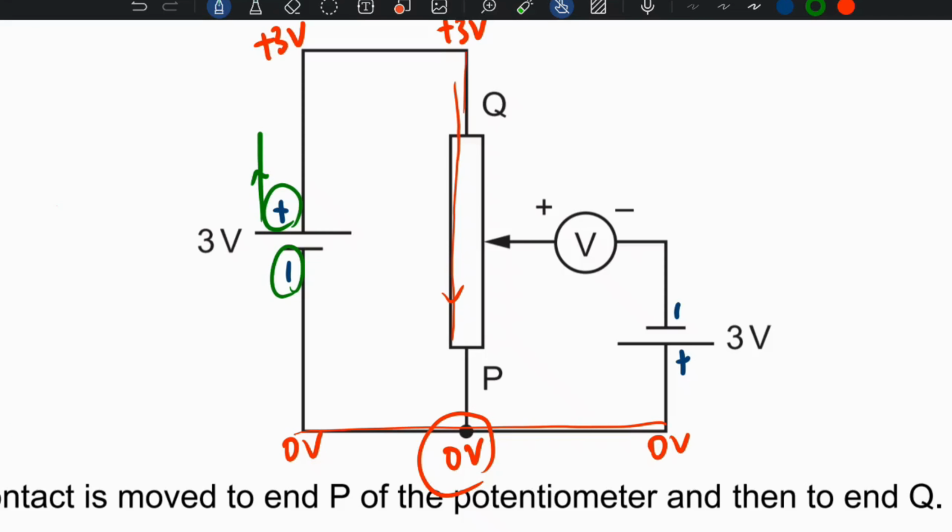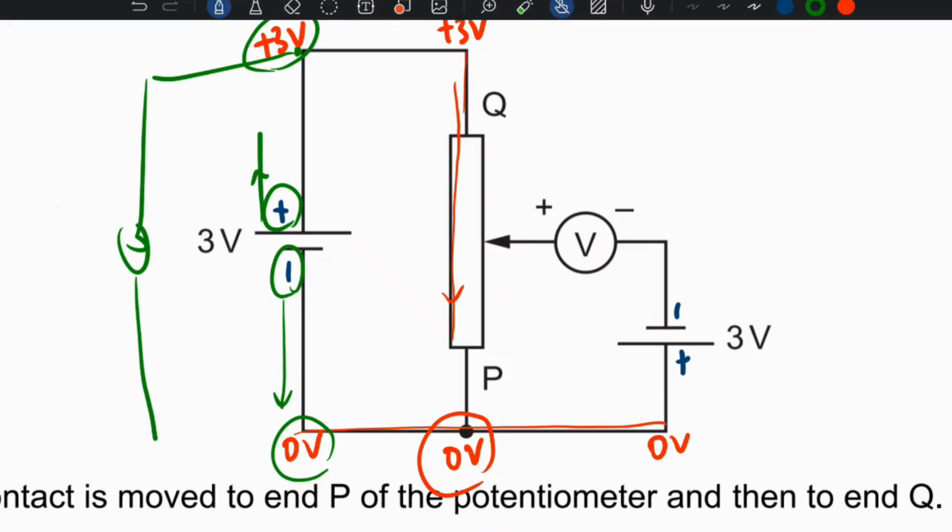So the negative side, which is my lower potential side, is 0 volts, and my higher potential side is 3 volts. If you put a voltmeter here to measure the potential difference, you're going to get 3 volts. Because potential difference measures the PD between 2 points. In this case, you get 3 minus 0, which is 3 volts. Always higher potential minus lower potential.